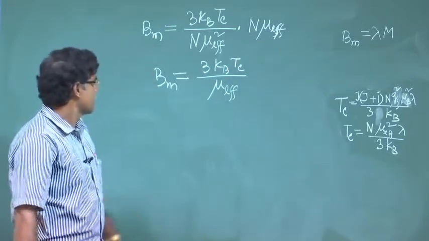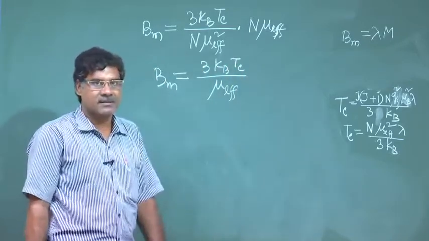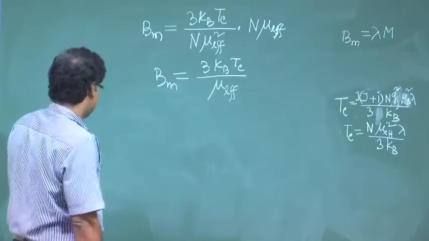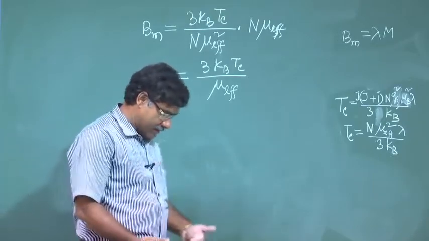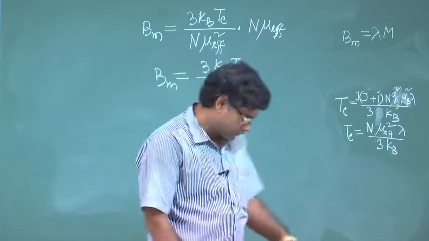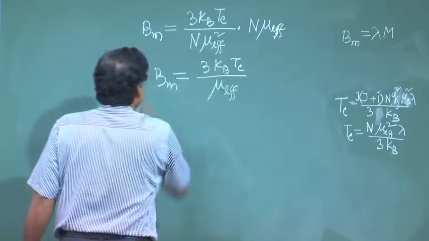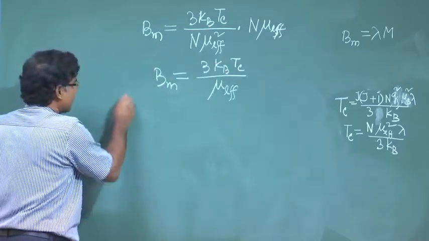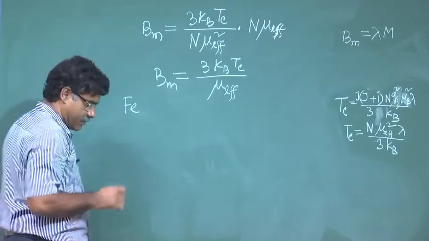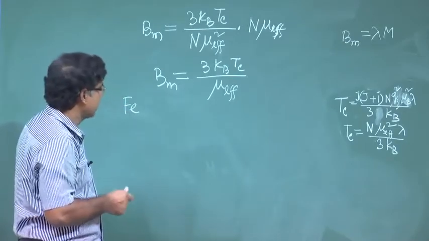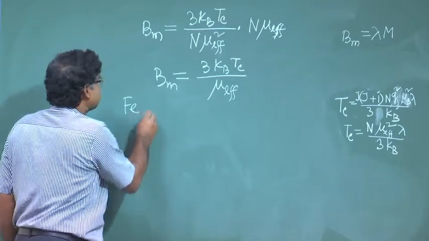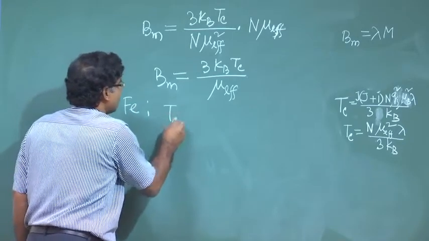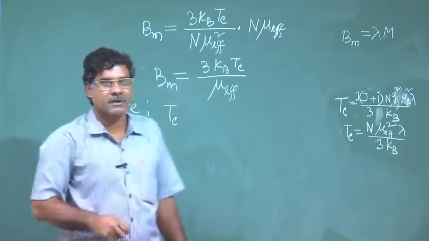Okay. So, if you calculate this molecular field for, say, iron, a ferromagnetic material, its Tc is around, I think, 1043 Kelvin.